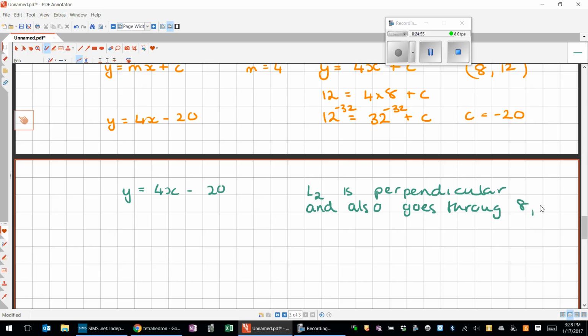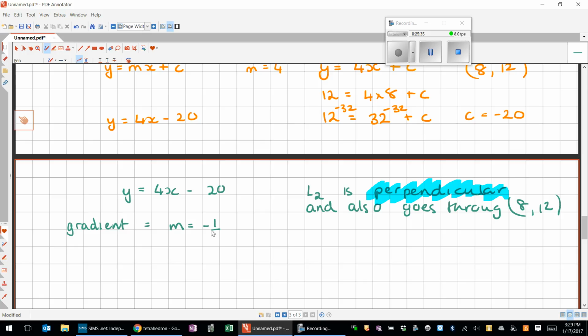So, basically, we've only got one minor thing to do to be able to get to exactly the same point, which is, if the line is perpendicular, it has to flip everything. So it has to be negative, a quarter, negative a quarter. Okay, so we know that we've got the gradient, because it's perpendicular, will be, so m equals minus 1 over 4.